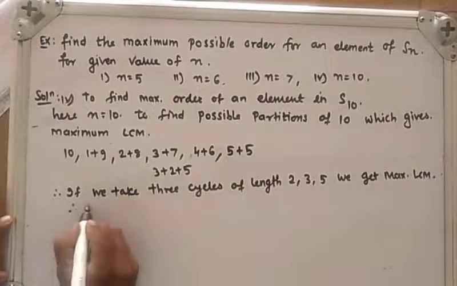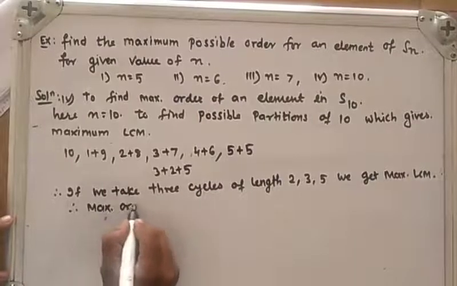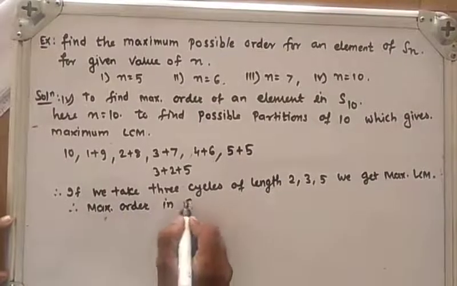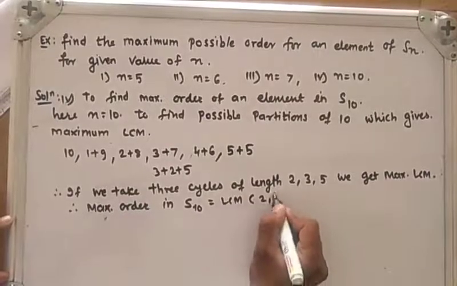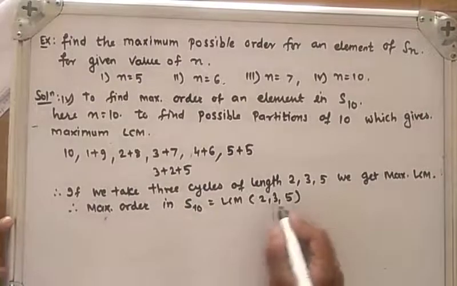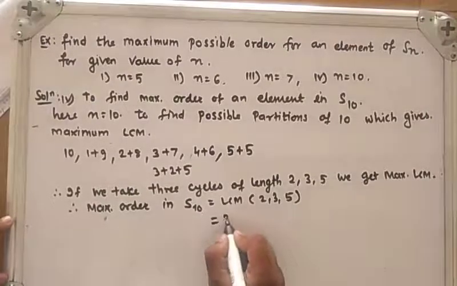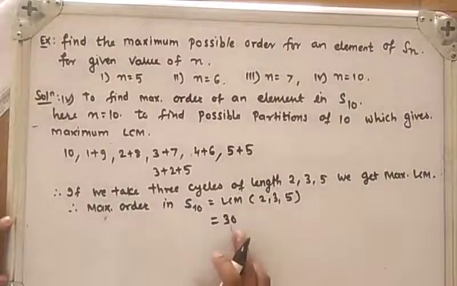Therefore the maximum order in S10 is equal to the LCM of 2, 3, 5, because the addition of these three numbers will be 10 and the LCM of these will be 30. That is, the maximum order in S10 will be 30.